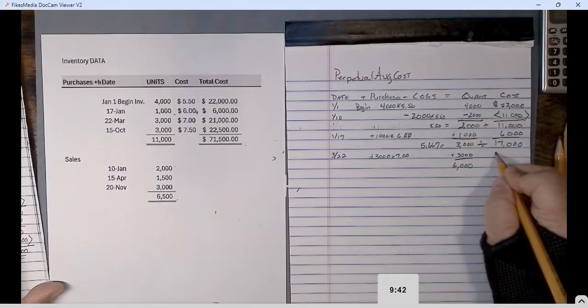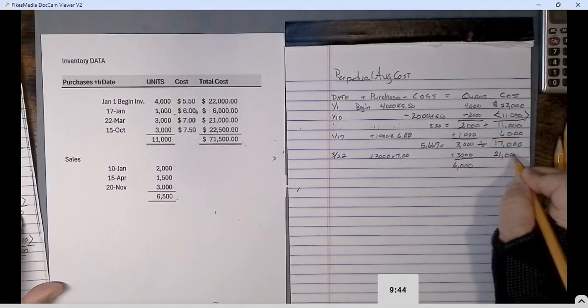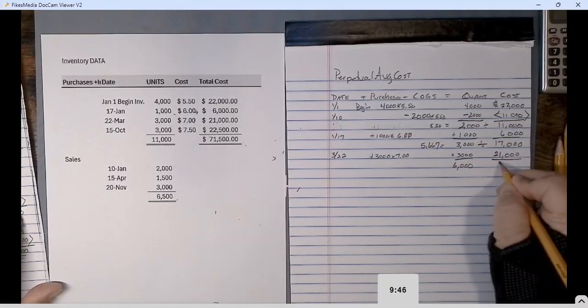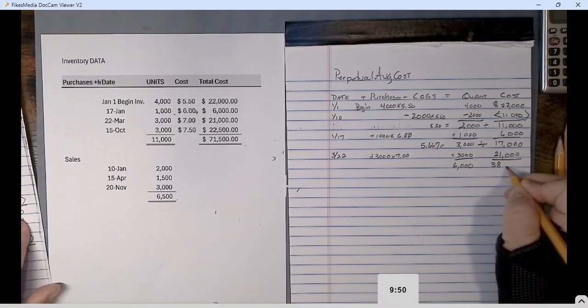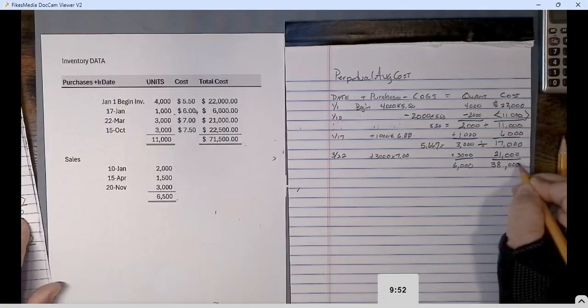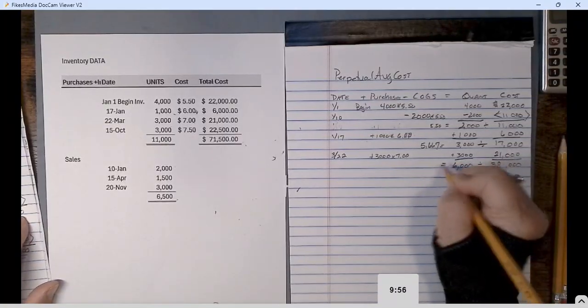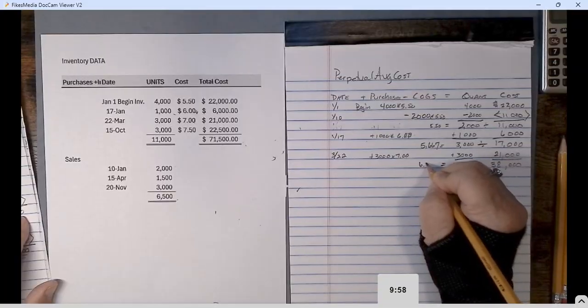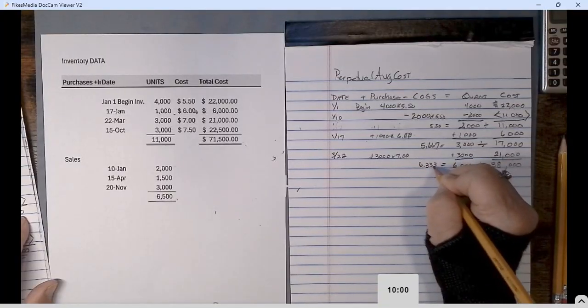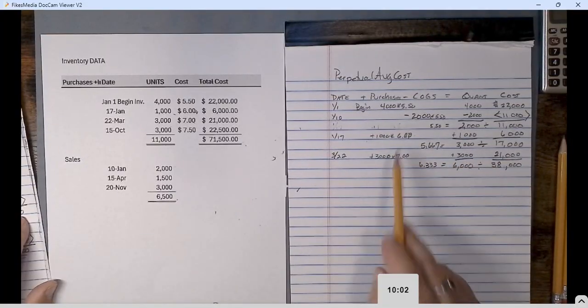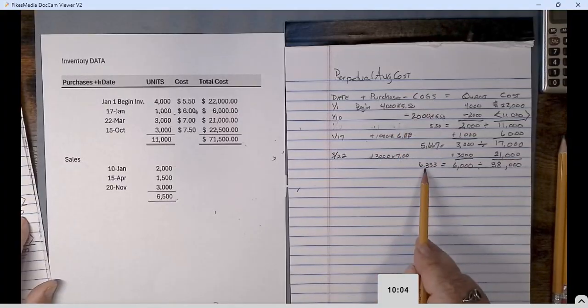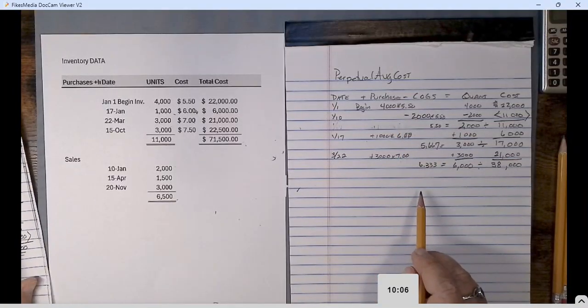And 7 times 3,000 is 21,000. Okay, divide that. And my new running weighted average goes up. My prices are going up, so my weighted average goes up as well.